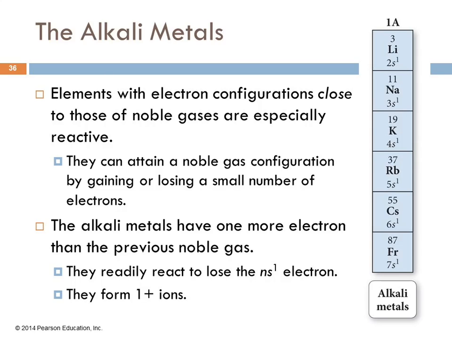So if we go to the other side of the periodic table, group 1A, how many valence electrons do these guys have? 1. Let's think about lithium. Lithium has 1 valence electron in that second energy level. What is underneath that second energy level? The first energy level.